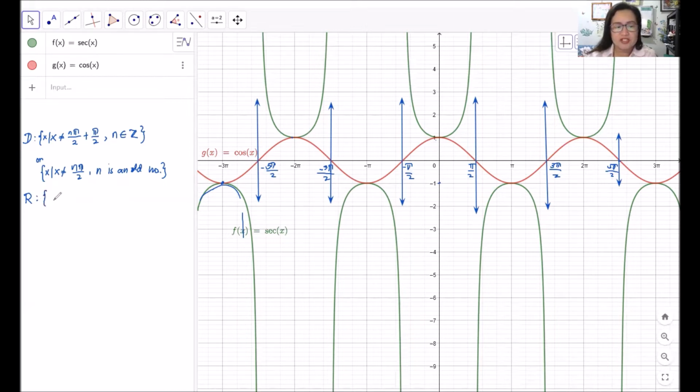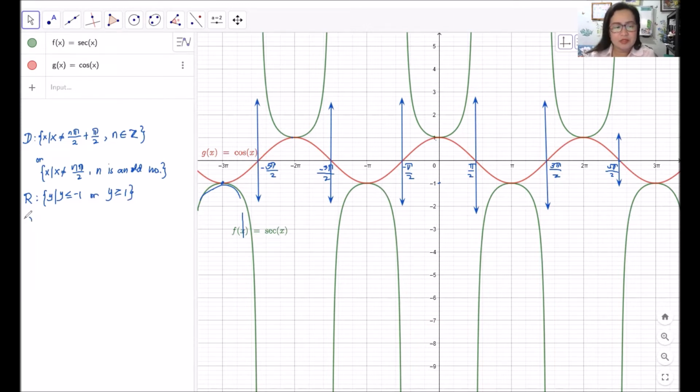So that means the range would be the set of all y such that y is, for the graph that opens downward, less than or equal to -1. Now for the graph that opens upward, y is greater than or equal to 1. So that's the range of the secant function.